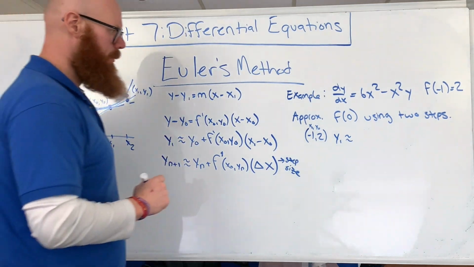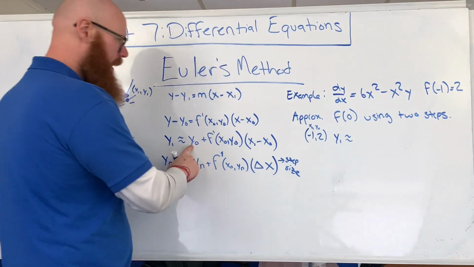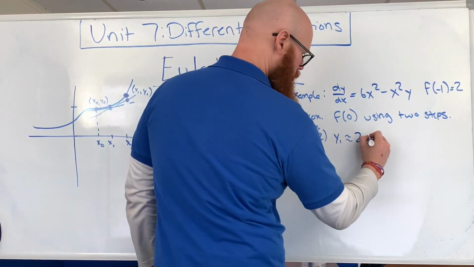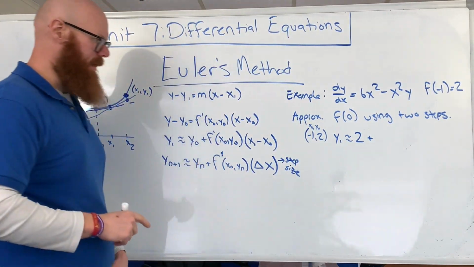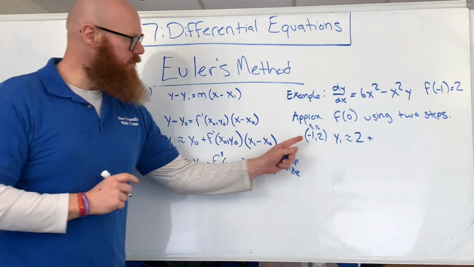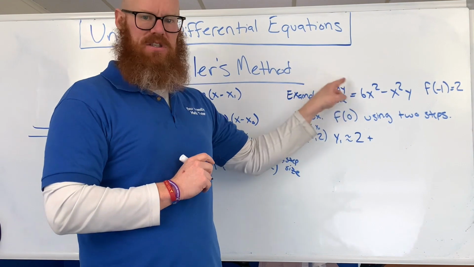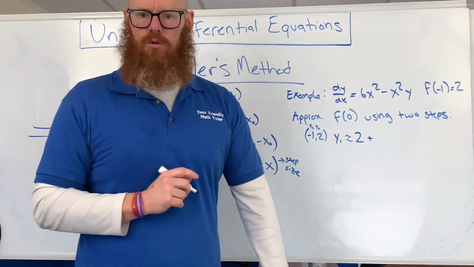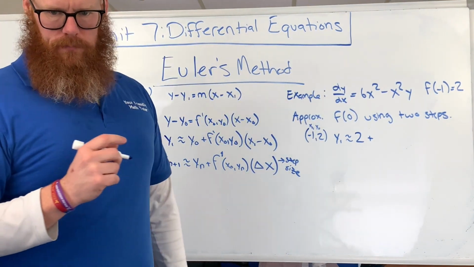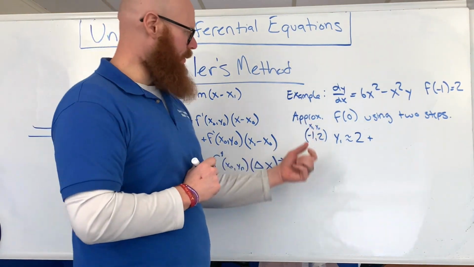So y1 is going to be based off of y naught, which is 2, plus f prime of x naught, y naught. That's just substituting -1, 2 into our differential equation to get the slope, right? If you do that here, that ends up being, I believe, 4.